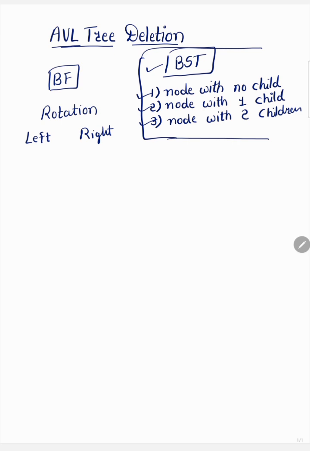If the deleted node is on the left side of the critical node, you can say it's a left rotation, and if it is on the right side of the critical node, it's a right rotation. In that also you have three parts: R0 rotation, R1 rotation, and R-1 rotation. Similarly, you have L0 rotation, L1 rotation, and L-1 rotation.